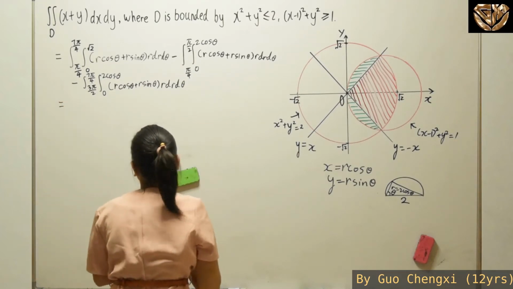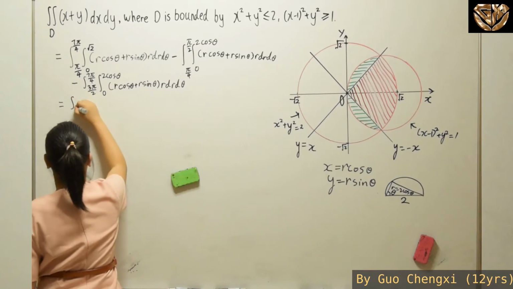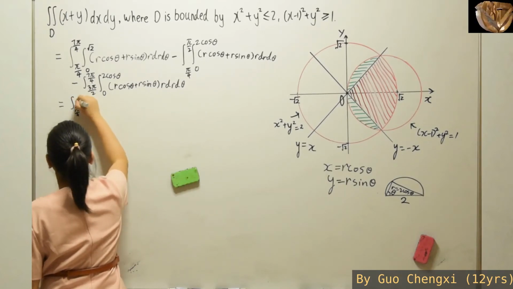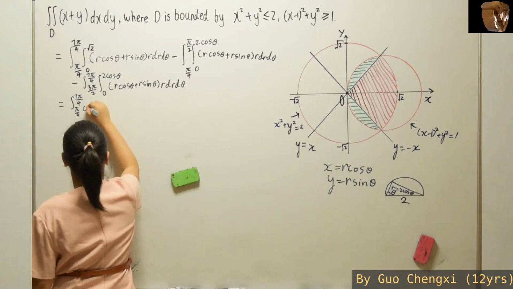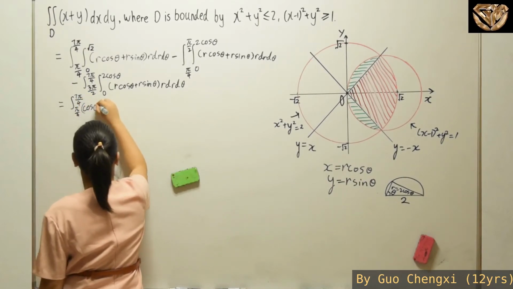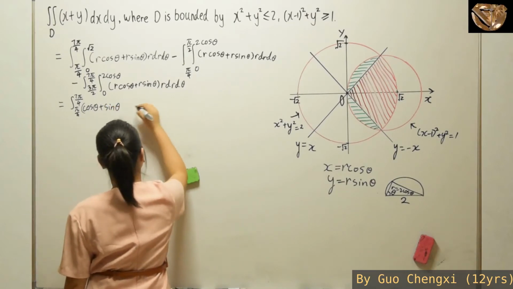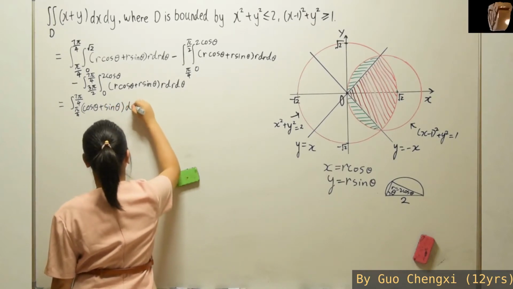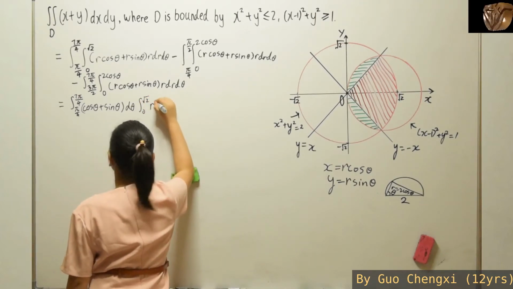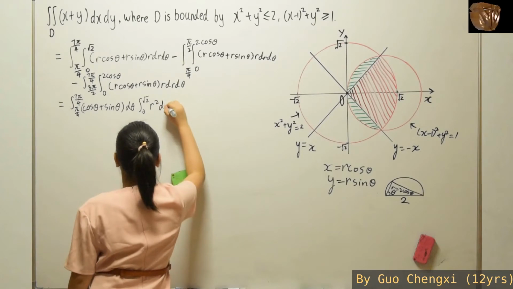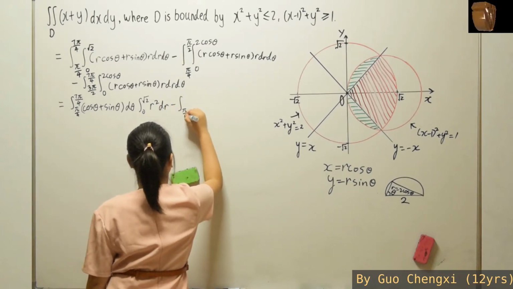Okay, now that we have this, we can take out the r's apparently. So for this, what we're going to have is like this.